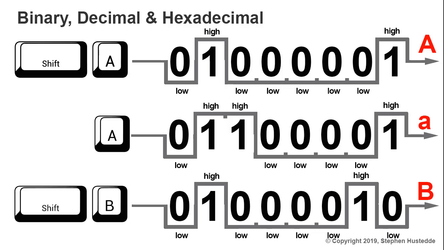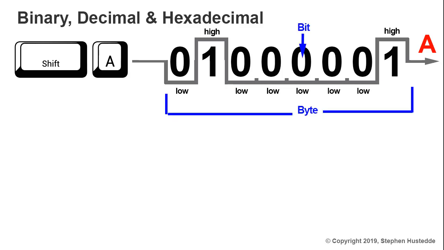And an uppercase B is 0, 1, 0, 0, 0, 0, 1, 0. Again, we represent that voltage by zeros and ones, and we say the computer really understands zeros and ones. It really understands voltages. We learned, of course, that each 0 or 1 is referred to as a bit, and 8 zeros and ones together is referred to as a byte, spelled with a Y.